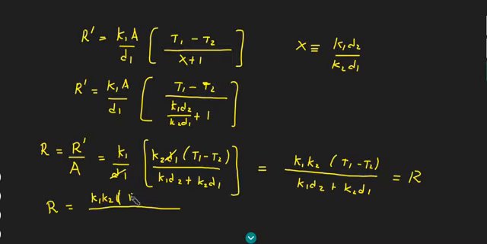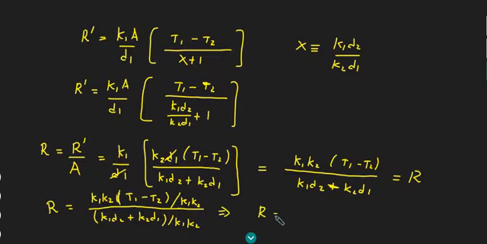So I have T1 minus T2. I'm going to divide the entire numerator by K1 K2 like that, and then the entire denominator, which is K1 D2 plus, this is a plus sign, K2 D1, and that part I'm going to again divide by K1 K2, and then we should have our expression.